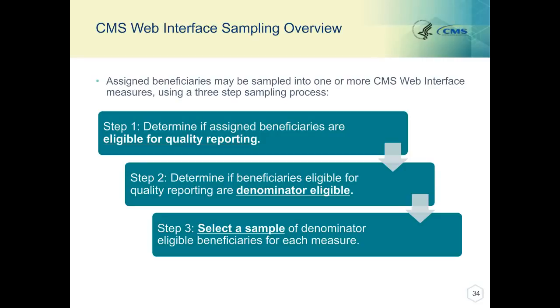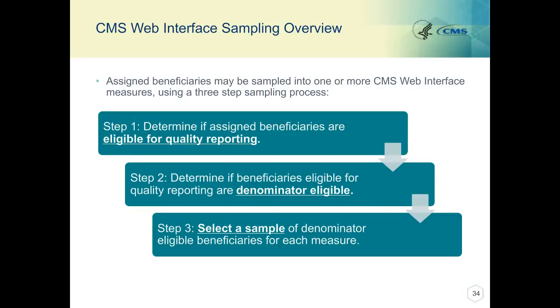That includes ensuring that the beneficiary is not in hospice, hasn't moved out of the country, hasn't enrolled in any non-fee-for-service Medicare plan, like a Medicare Advantage plan, and hasn't passed away. It's at this step that we are also looking to determine if a beneficiary had 2 primary care visits within the ACO or group during the performance year. If they haven't, they are excluded from the sampling process at this step.